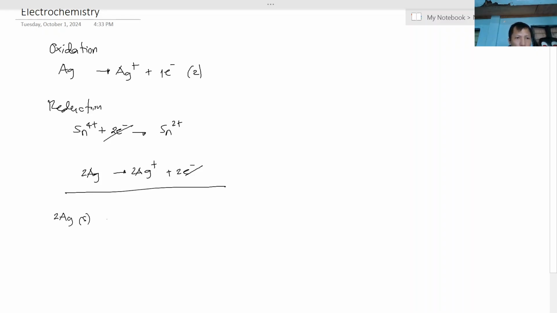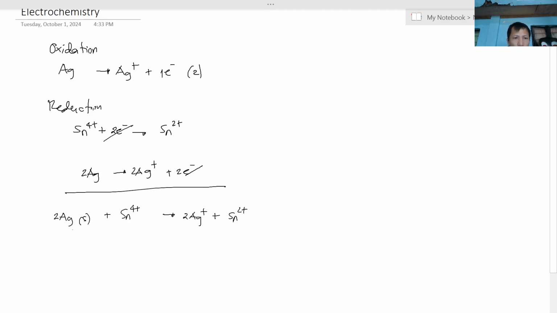You can actually put now the notation: silver solid, plus Sn4+, it will have a product of 2Ag+, and then of course your Sn2+.